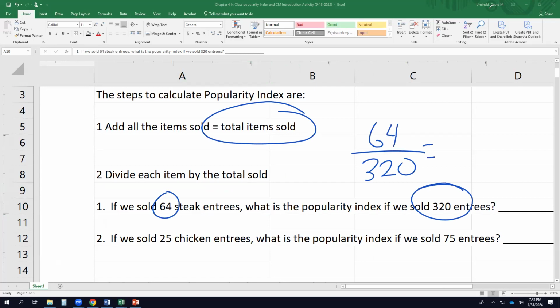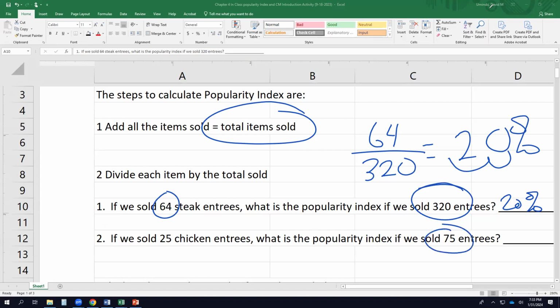So 64 divided by 320 is 0.2. That means it is 20%. That means that of all the entrees I sold this day, steaks were 20% of it.